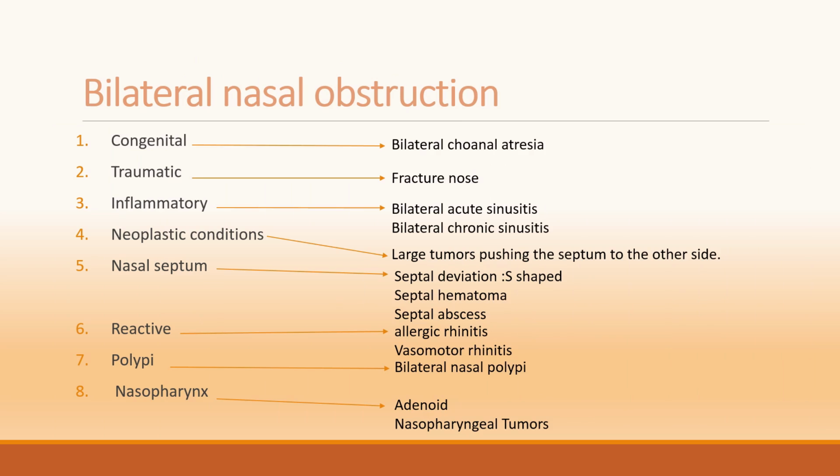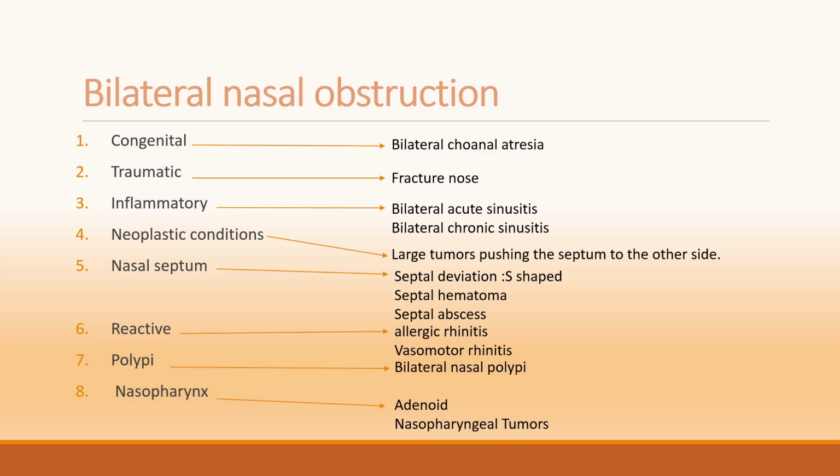Bilateral nasal obstruction. Congenital, again bilateral choanal atresia. Traumatic, like fractured nose. Inflammatory, bilateral acute or bilateral chronic sinusitis. Neoplastic conditions, large tumors pushing the septum to the other side.